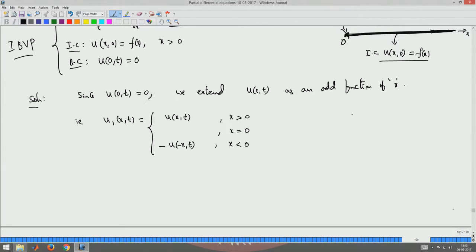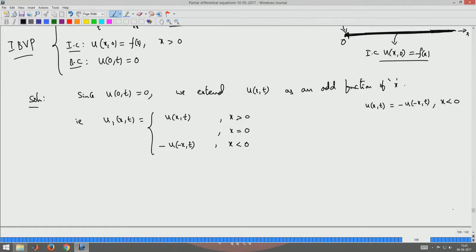So, if you do like this at x equal to 0, it has to be... so if it is an odd function, that means u at minus x, u at x,t equal to minus u of minus x,t for x negative.